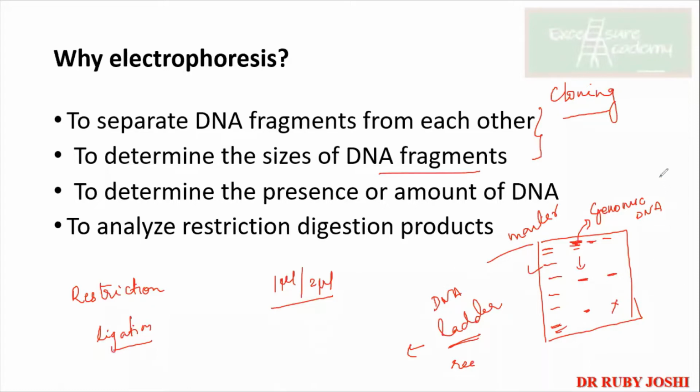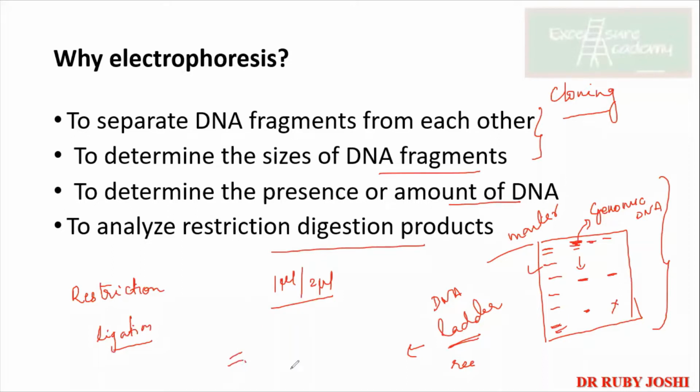So gel electrophoresis is a very important point, an important instrument and technique in your molecular biology studies. It also helps in determining the presence or amount of the DNA. The intensity with which the DNA is present will also tell you the concentration of your DNA, and it helps to analyze the restriction digestion products, which I have just discussed.